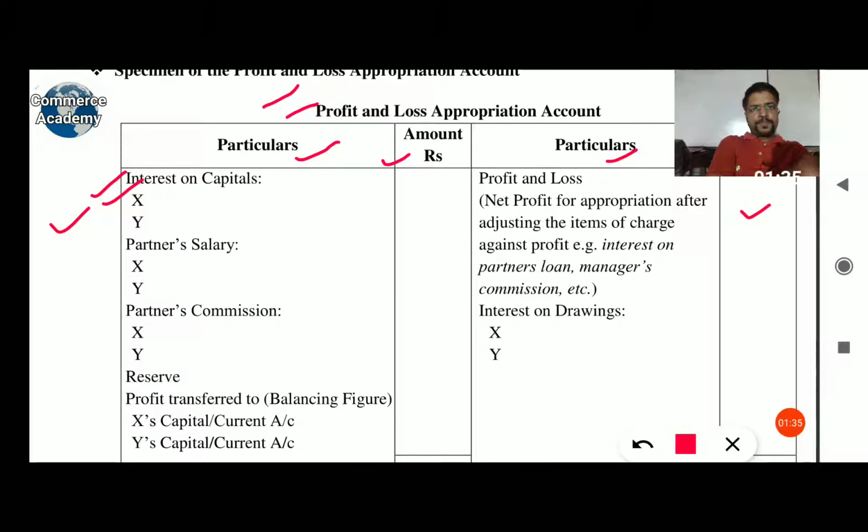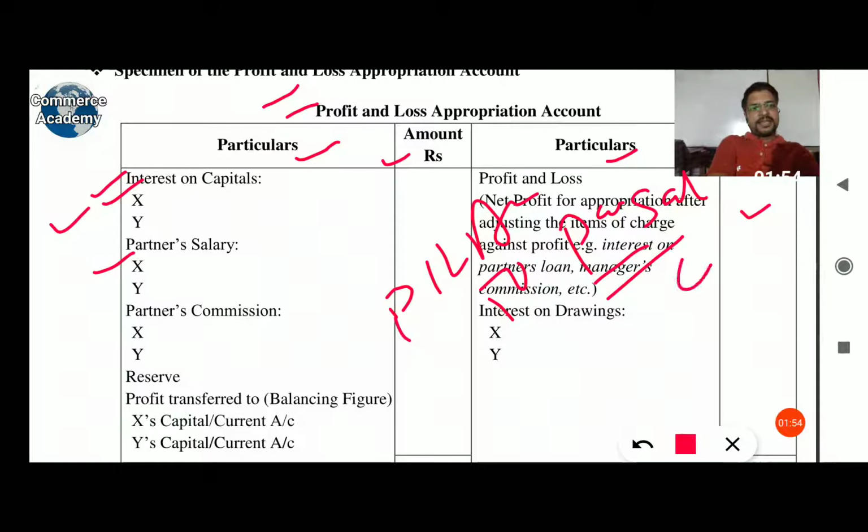Same way, partners' salaries account Dr to partners' capital account; when we transfer the partners' salary to the profit and loss appropriation account, that journal entry is profit and loss appropriation account to partners' salary account. So partners' salary is credit, and on transfer to the profit and loss appropriation account it is debit.